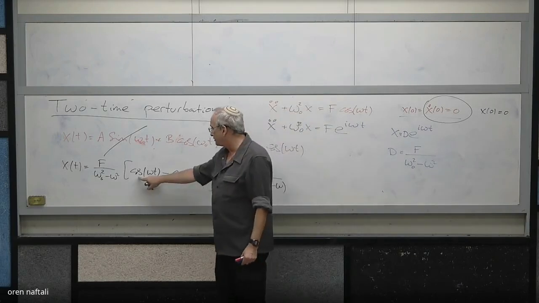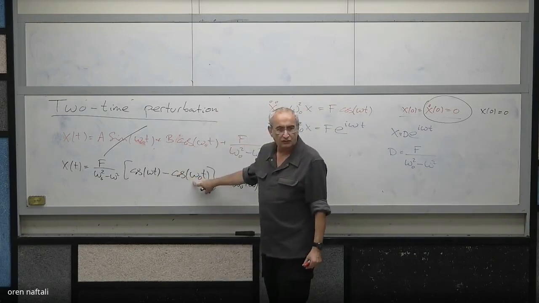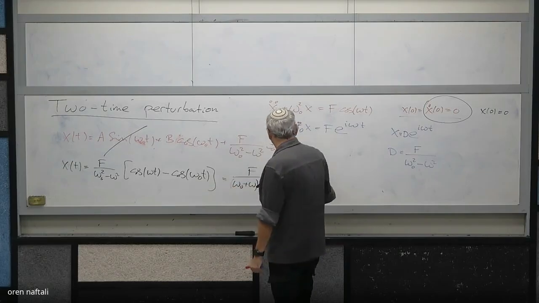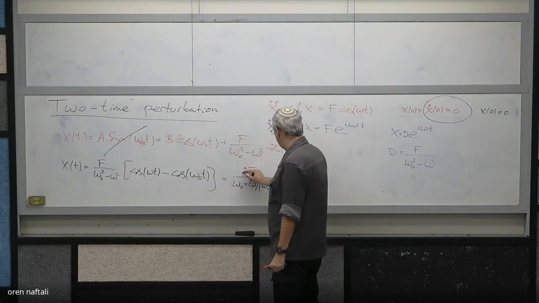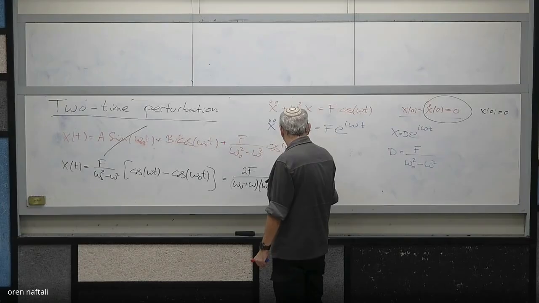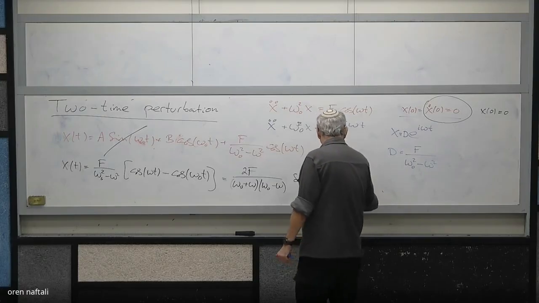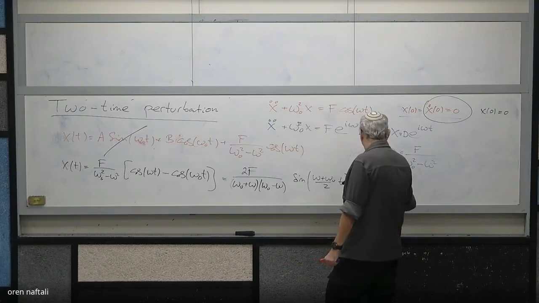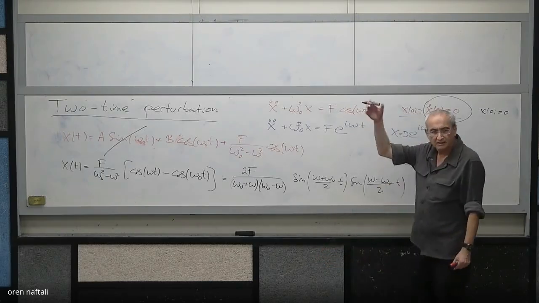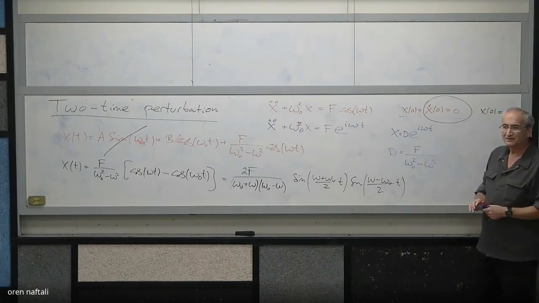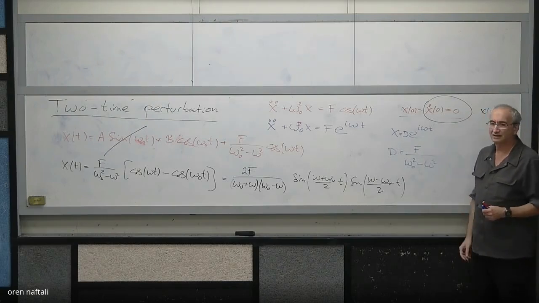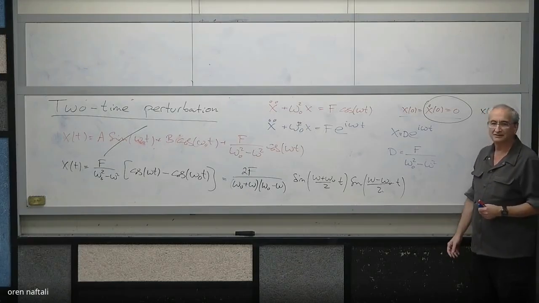And then we have cosine something minus cosine something, which, if I remember it correctly, is 2 times sine of omega plus omega naught over 2 times t, sine of omega minus omega naught over 2 times t, from the trigonometric identities that I never remember, but I looked at it yesterday.